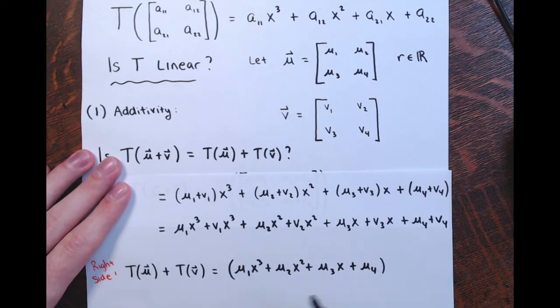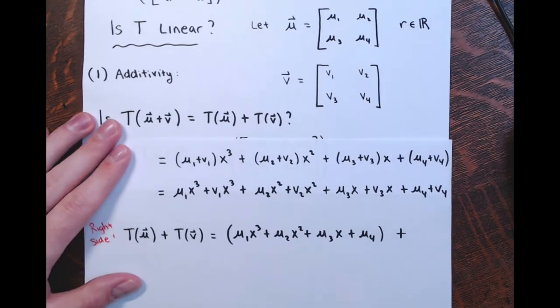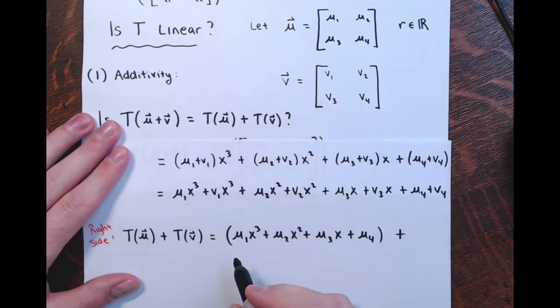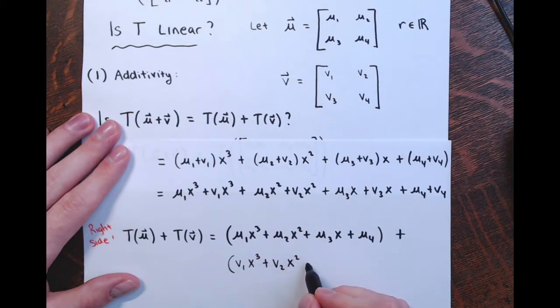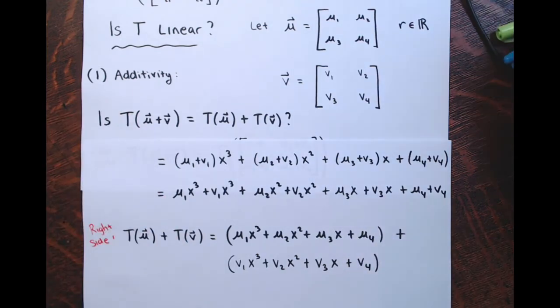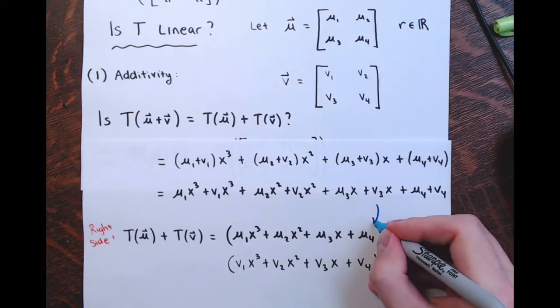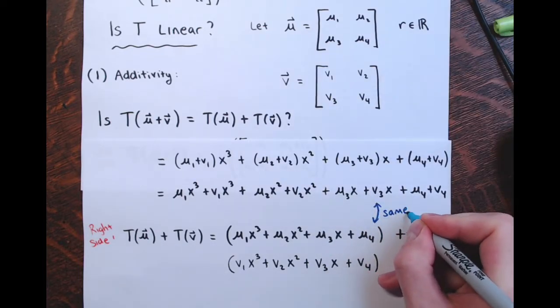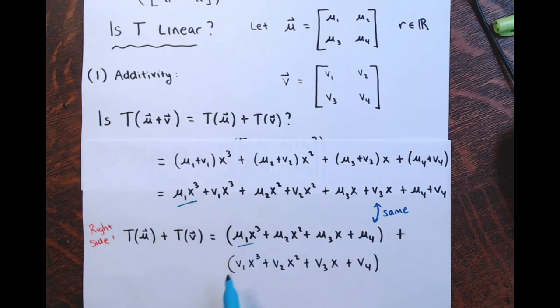There's T of u. Plus T of v, where I apply the transformation to matrix v. It'd be v1 x cubed plus v2 x squared plus v3 x plus v4. Can you see that these are the same? These two expressions are exactly the same. You've got your u1 x cubed term, v1 x cubed, and so on.